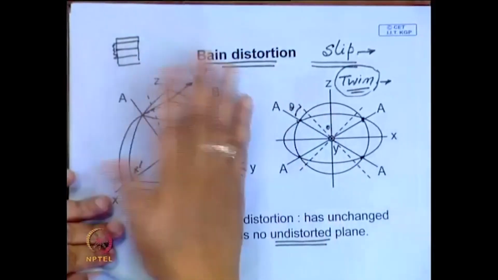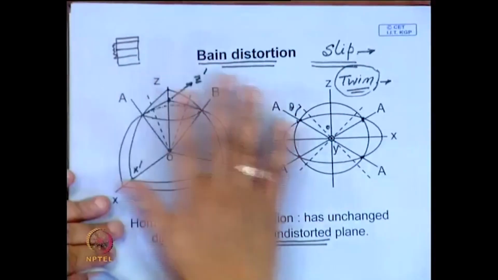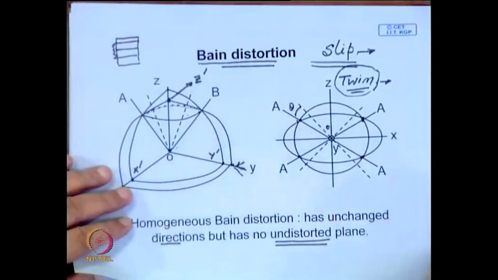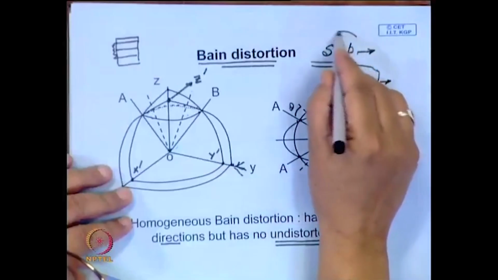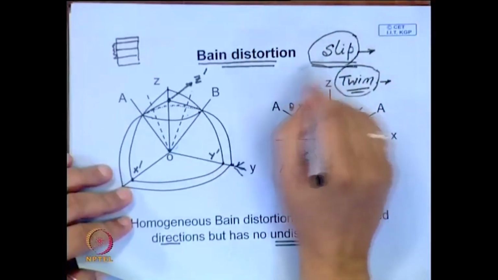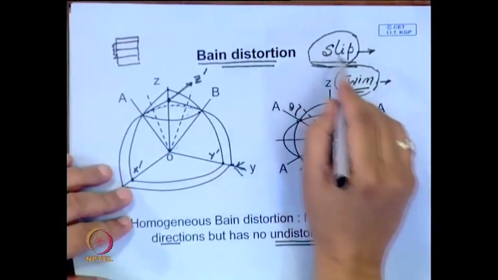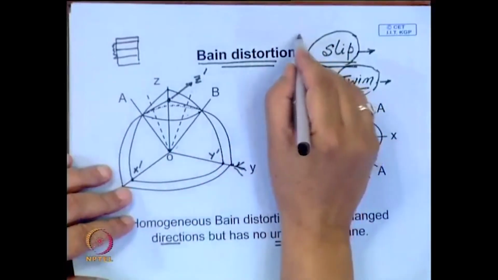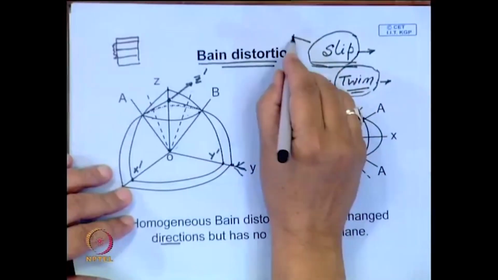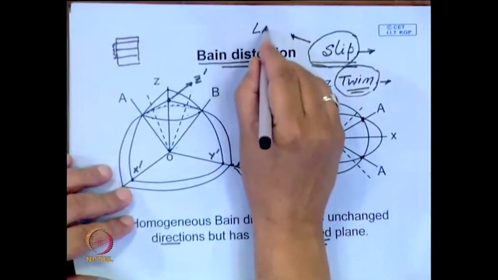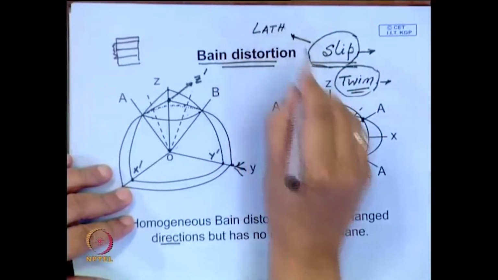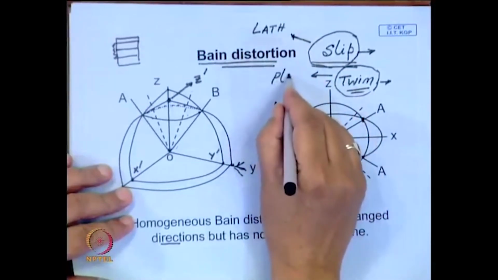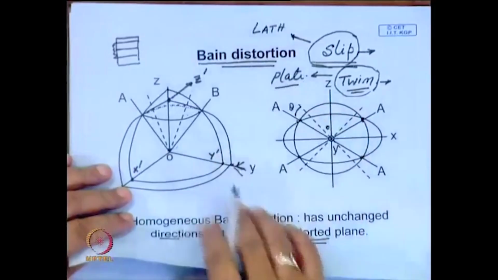That way we can explain the crystallography of transformation. Depending on whether the Bain distortion is accommodated by slip or twin, we get two different kinds of martensitic structure. One is lath martensite, whereas the other gives plate type or acicular martensite.